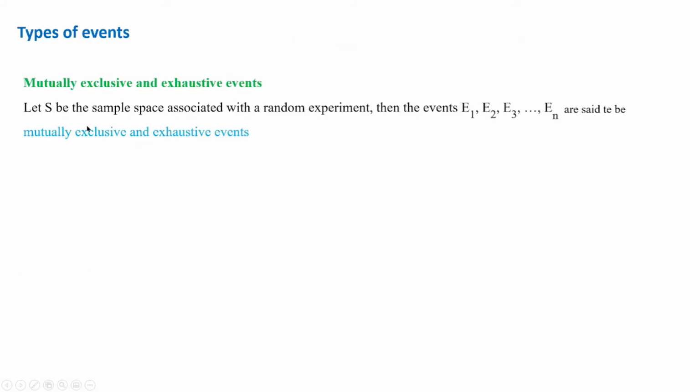Now there is another set of events which are mutually exclusive and exhaustive. Let S be the sample space associated with a random experiment. Then the events E1, E2, E3 up to En are said to be mutually exclusive and exhaustive events if the union of all these events constitutes the sample space, and the intersection of any two of these events is a null set.